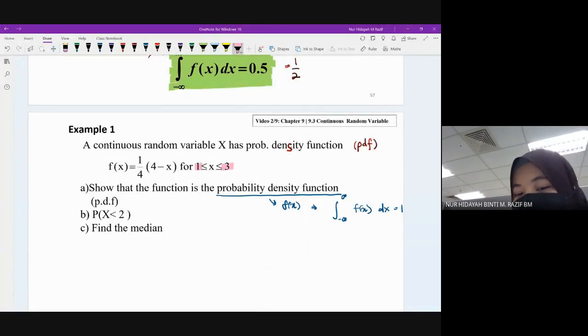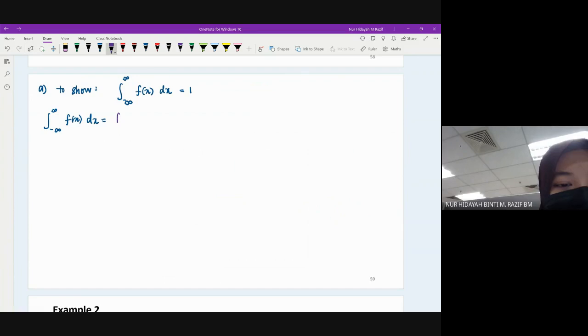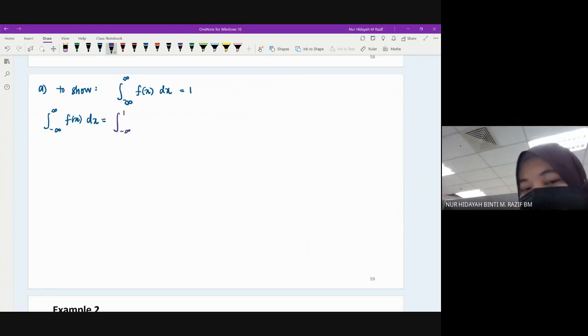So selain daripada nilai 1 hingga 3, you have to use a different function. Okay, so dari sini I'm going to separate that into 3 different integral daripada negative infinity sehingga 1 dx ditambahkan dengan integral daripada 1 hingga 3 dx ditambahkan dengan integral daripada 3 hingga infinity dx.